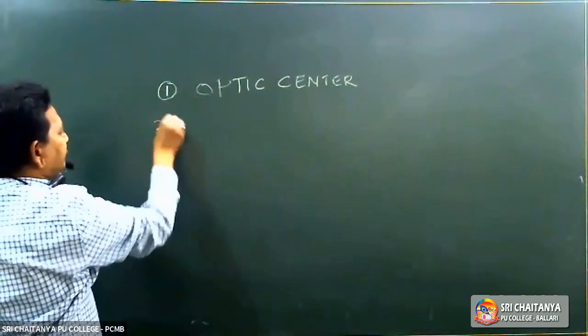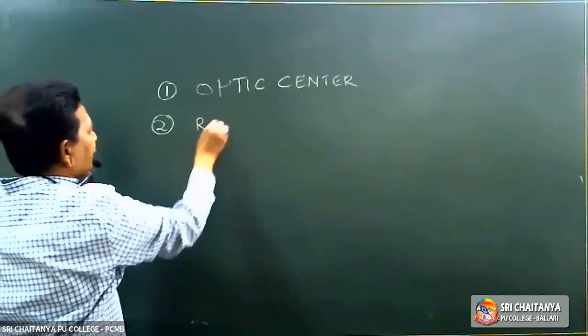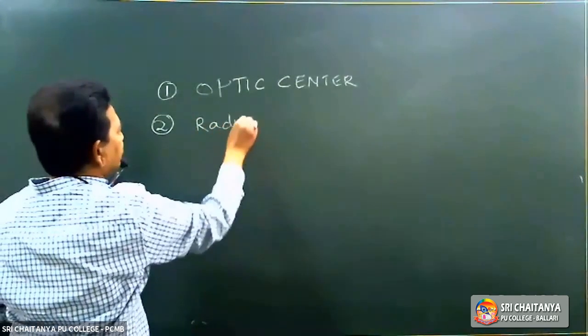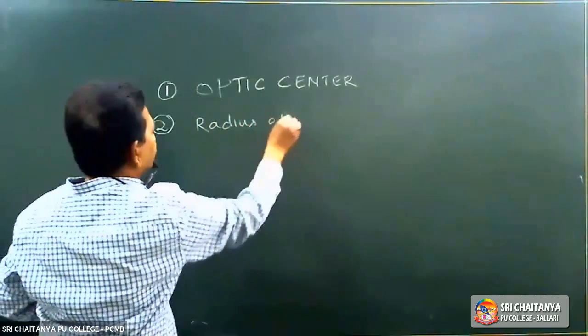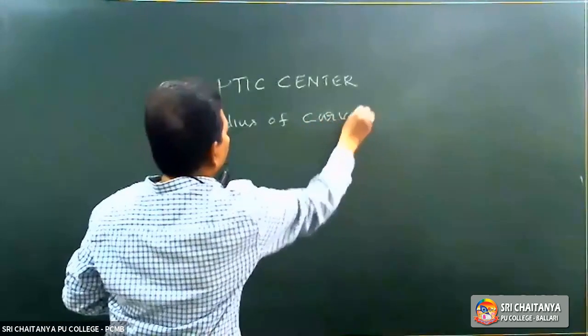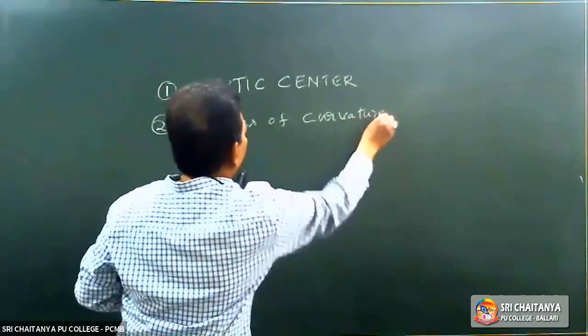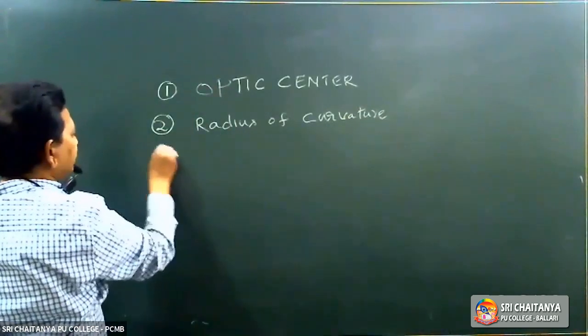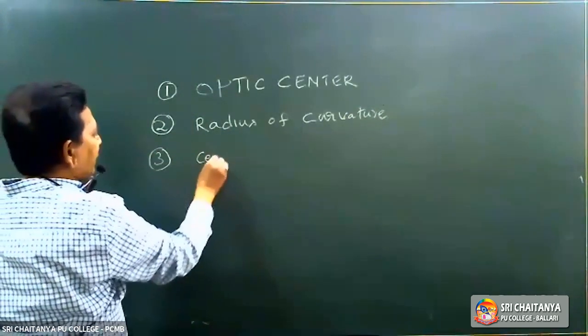Second one, radius of curvature. Third one, center of curvature.